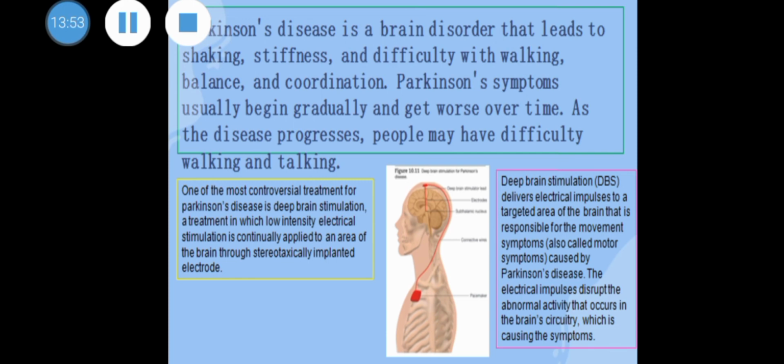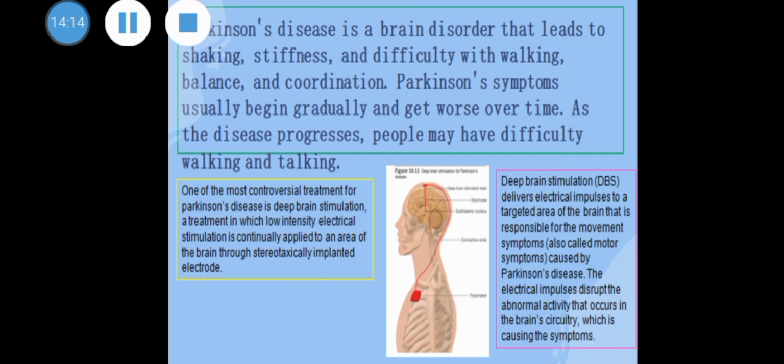One of the most controversial treatments for Parkinson's disease is deep brain stimulation, a treatment in which low-intensity electrical stimulation is continually applied to an area of the brain through stereotaxically implanted electrode.